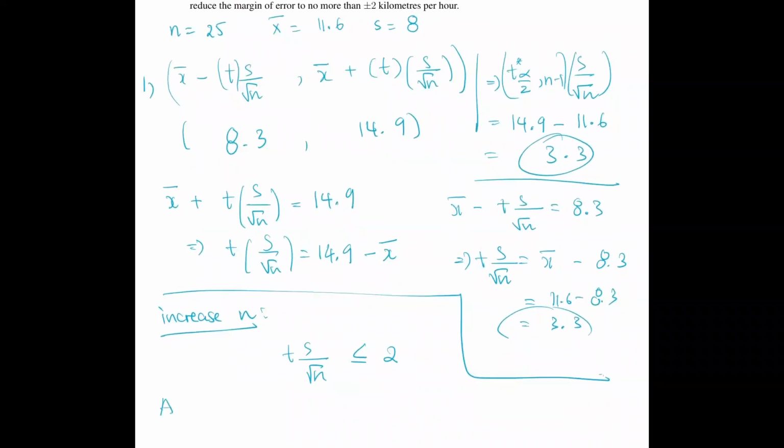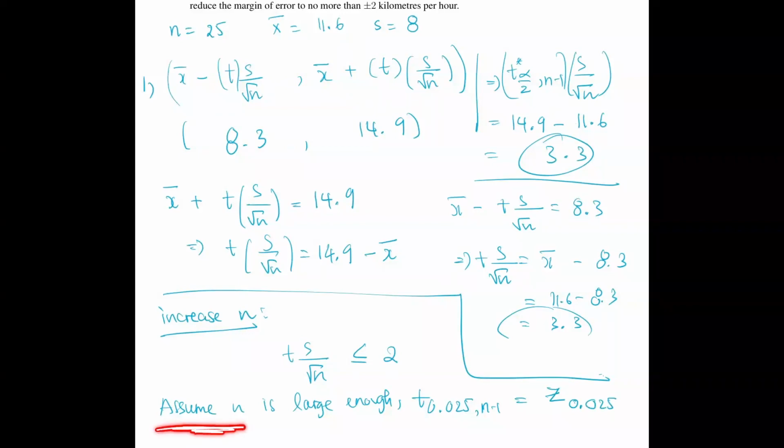And then you will have to assume that the sample size is large enough. Then your t at 95% confidence interval, t at 0.025, will be equal to z at that point. You have to assume that n is large enough such that the value of t you have will be equal to this z.